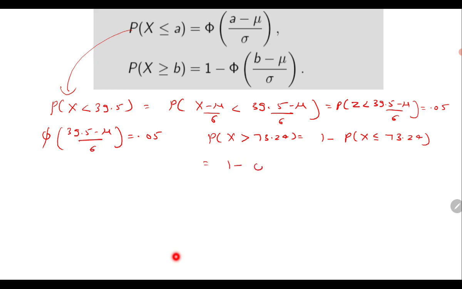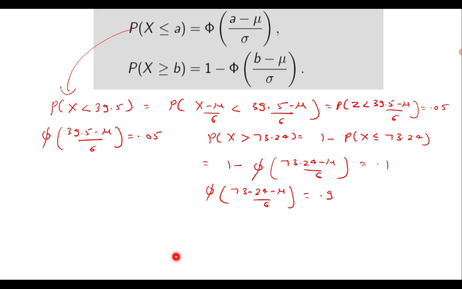So this becomes 1 minus phi of 73.24 minus mu by sigma, and this is equal to 0.1, which also means that phi of 73.24 minus mu by sigma is 1 minus 0.1, which is 0.9. So you got these two pieces of information.